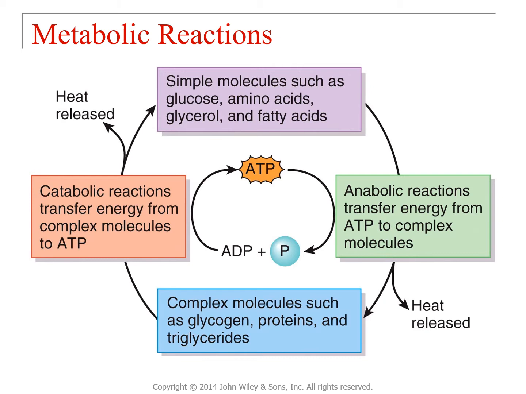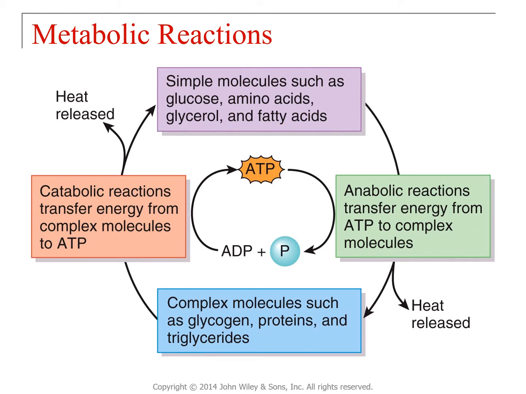Let's begin with the purple box at the top. Simple molecules such as glucose, which is the basic unit of your carbohydrates, or amino acids, which are the building blocks of your proteins, or glycerol and fatty acids, which are the components of triglycerides, can be linked together through covalent bonds during anabolic reactions.